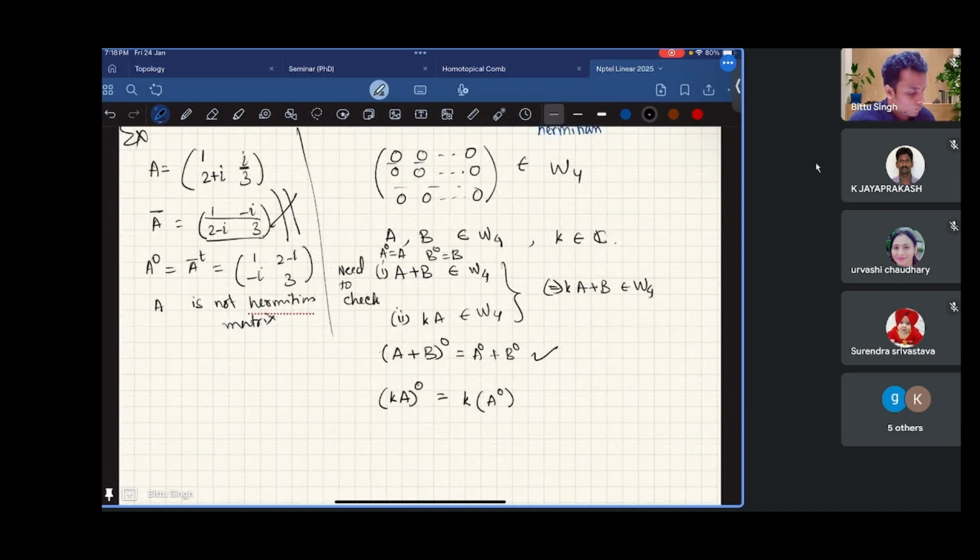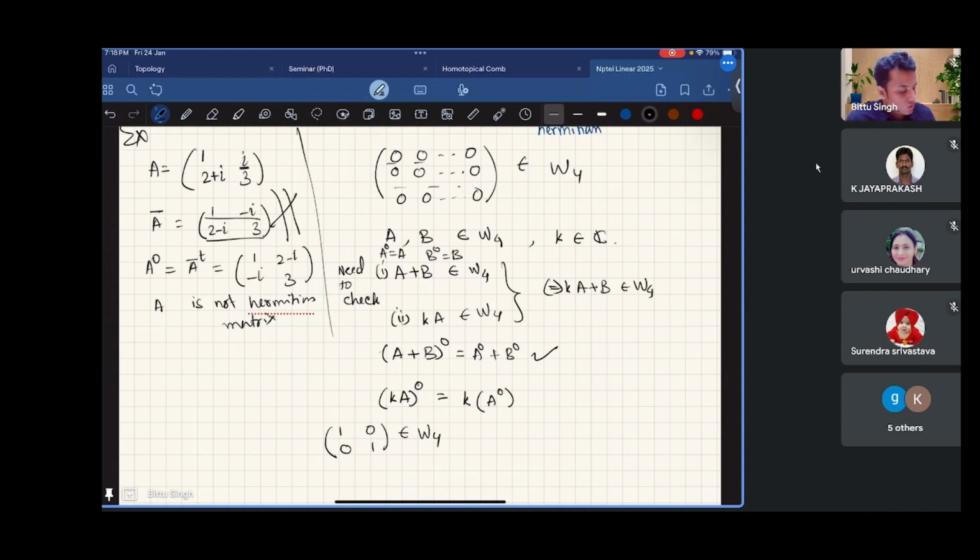For example, can you give me one element from W4? Maybe 1, 0, 0, 1. This identity belongs to W4 because this is a Hermitian matrix.